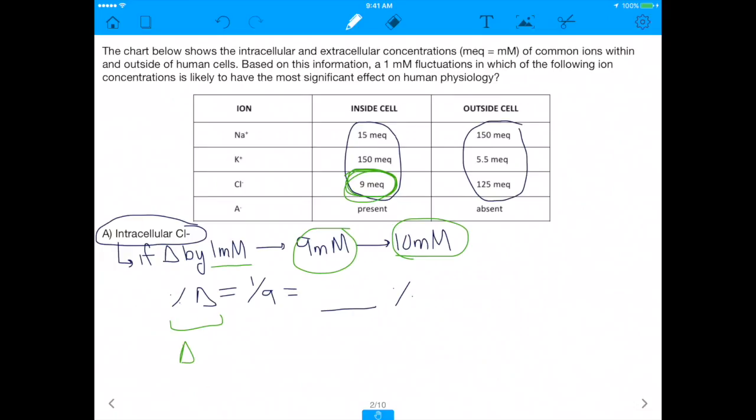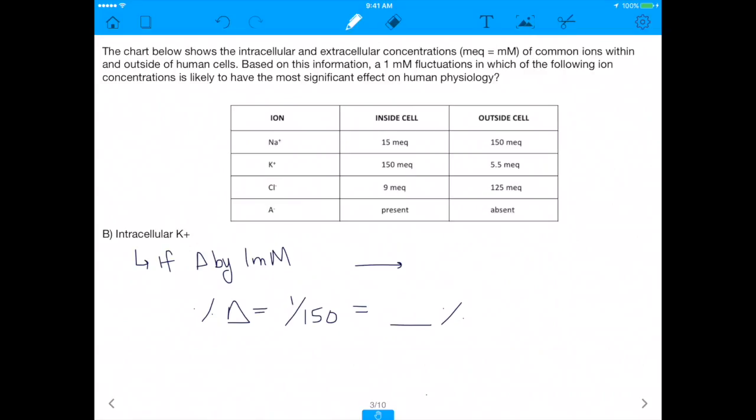In this case, the change is 1 millimolar over the initial concentration of 9 millimolar. So the total change there is 11%, because 1 over 9 is 11%. That's pretty significant, but to answer this question, we have to find the one that is the most significant.